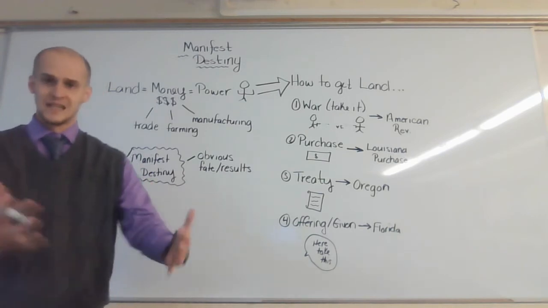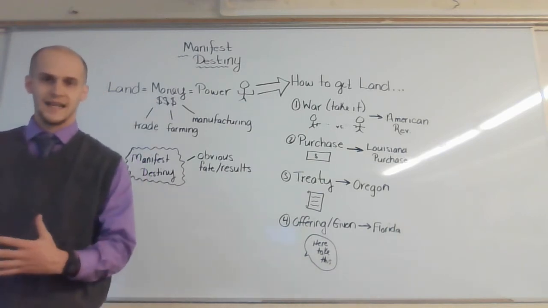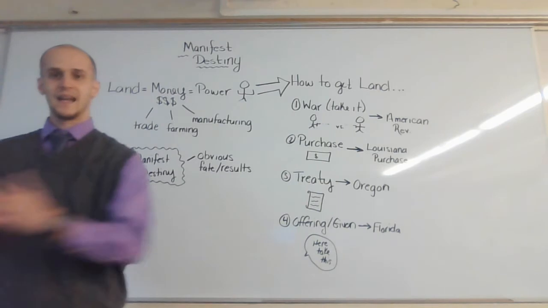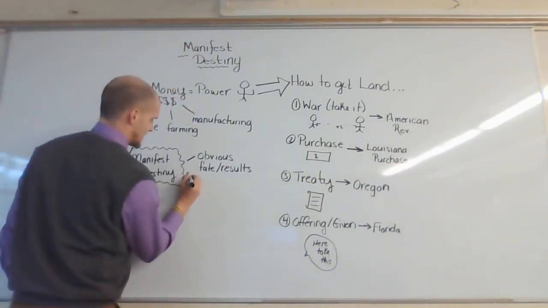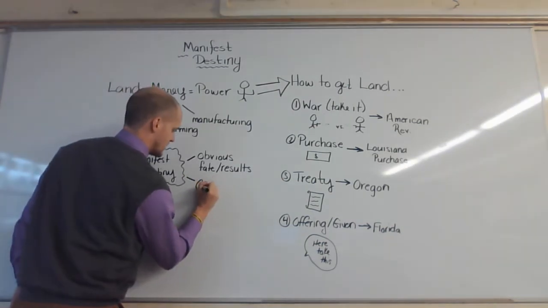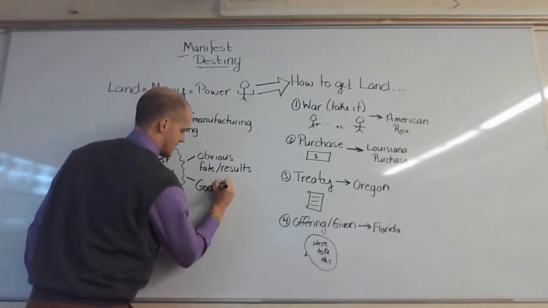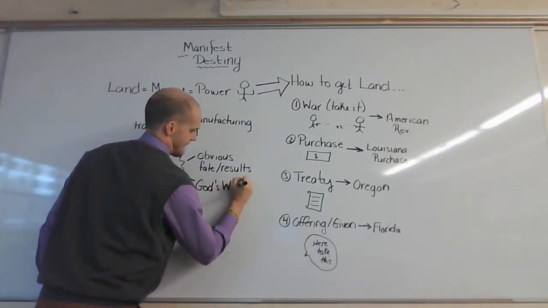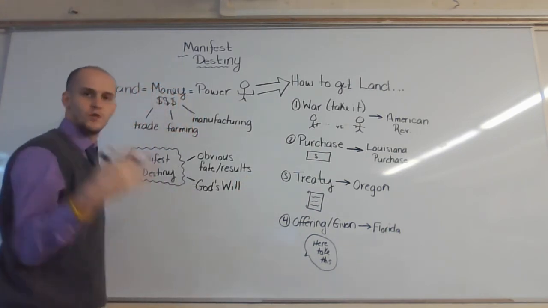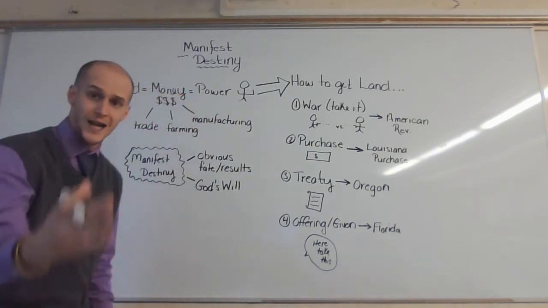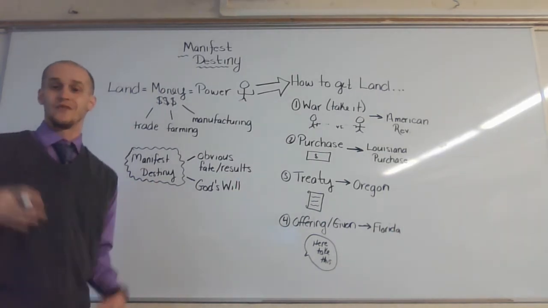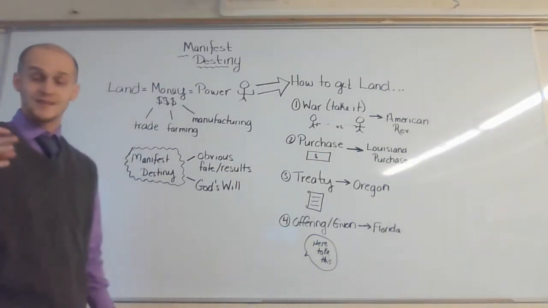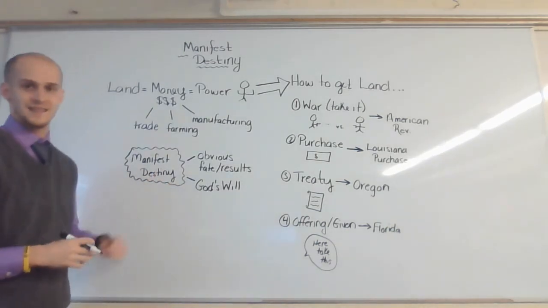It was fate for them to have control of land from the Atlantic Ocean to the Pacific Ocean. Not only was it obvious and fate, but it was God's will. God wanted America to be from the Atlantic to the Pacific. If he didn't, he would stop it. That was the belief of manifest destiny.